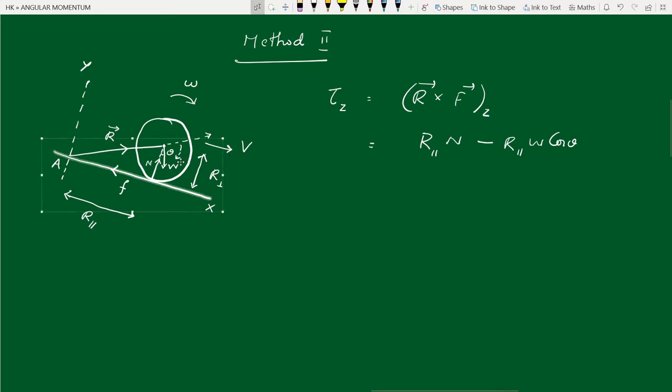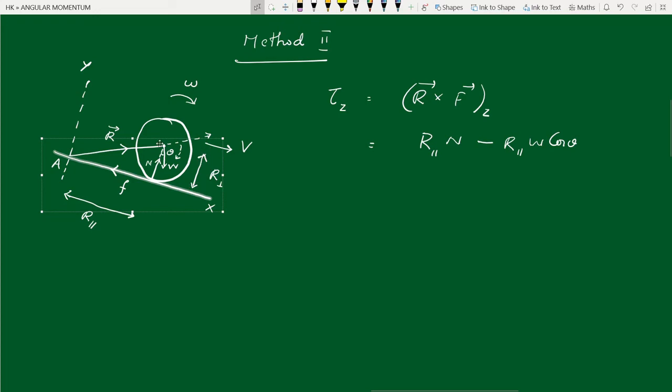So the torque due to both components of W will be in the minus z direction. What about the magnitude? In the case of W cos theta, the perpendicular distance is r parallel, so minus r parallel W cos theta. In the case of W sin theta, the line of force is parallel to the x-axis, so the perpendicular distance from the origin is this much, which is r perpendicular.